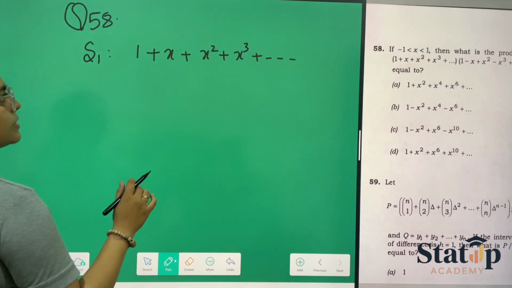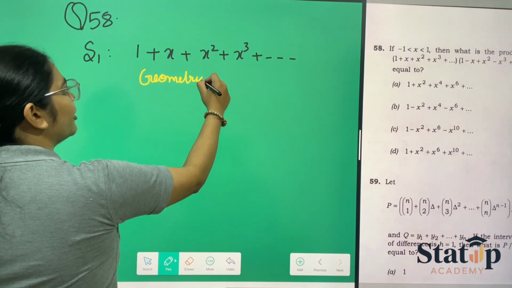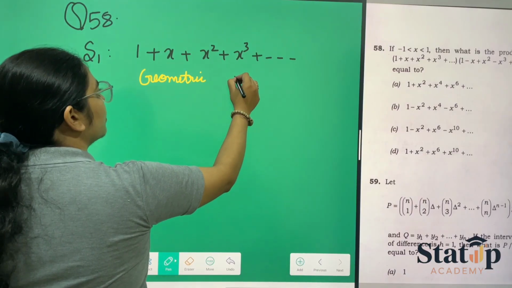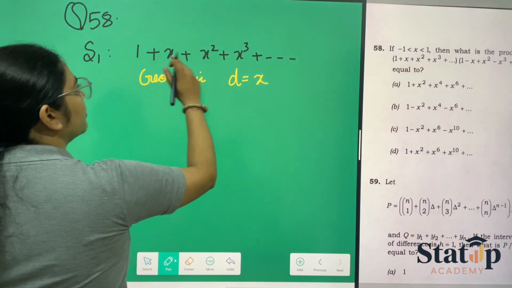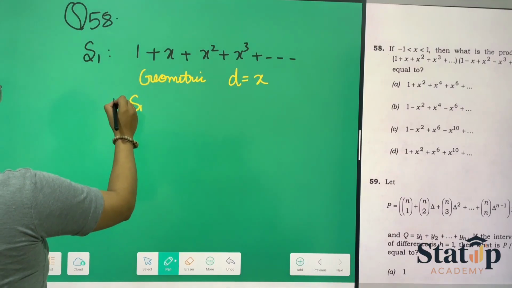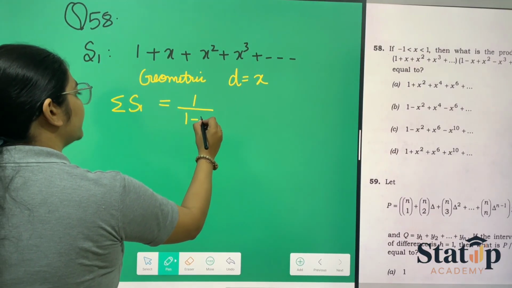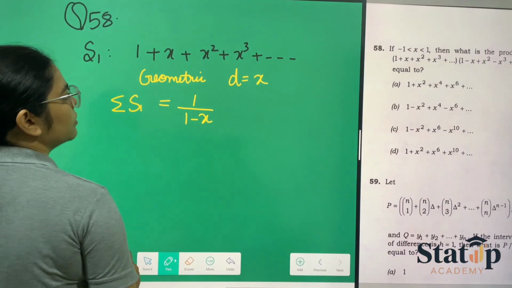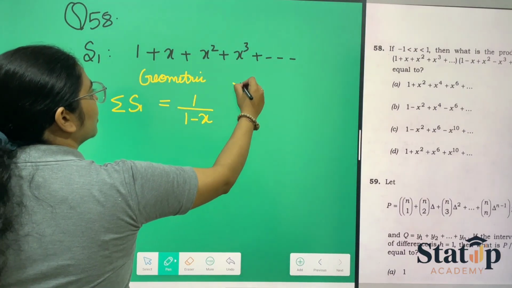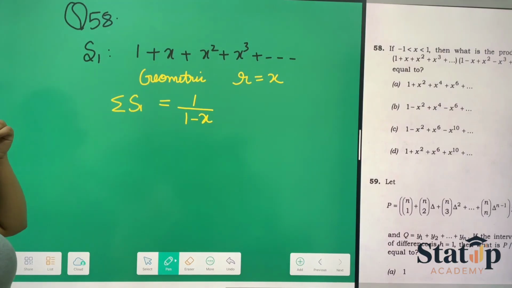This series is a geometric series, as you all can see, with common ratio x. X is multiplied. So the sum of this geometric series is equal to 1 upon 1 minus r, where r is equal to x, so 1 minus r is 1 minus x.